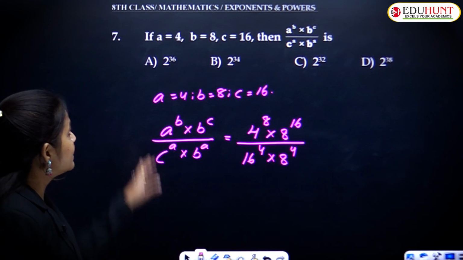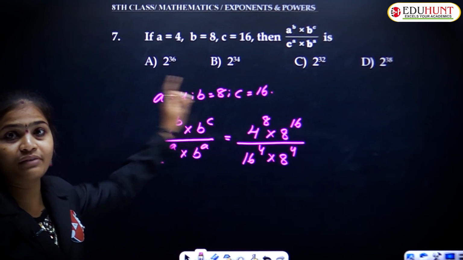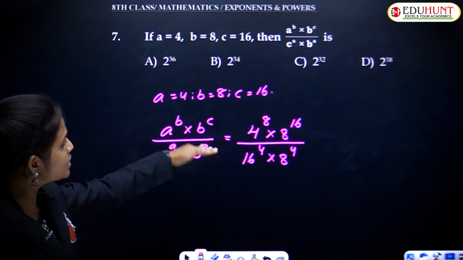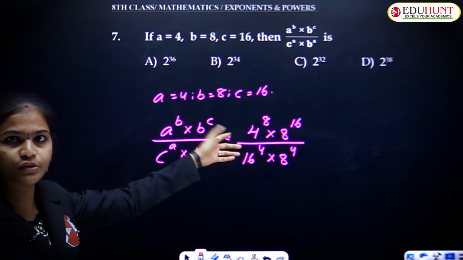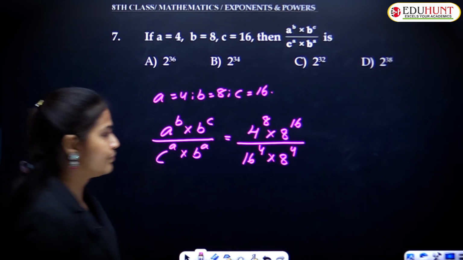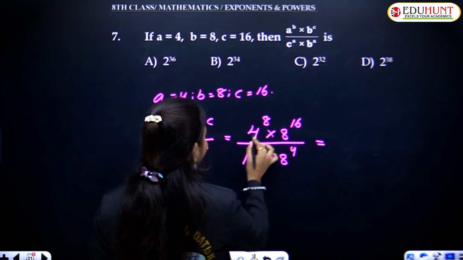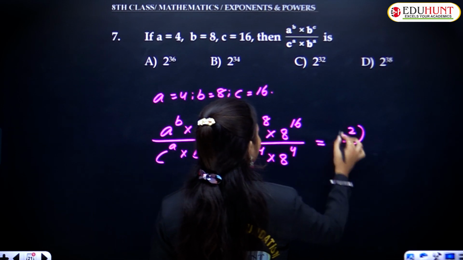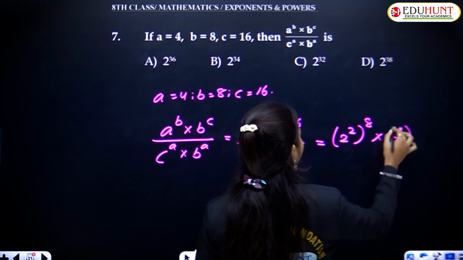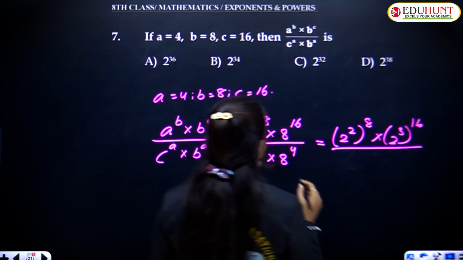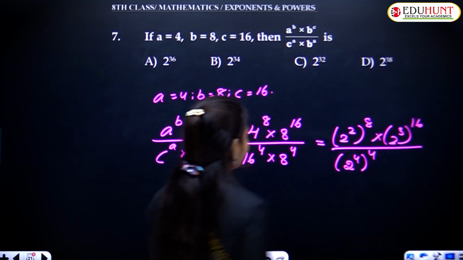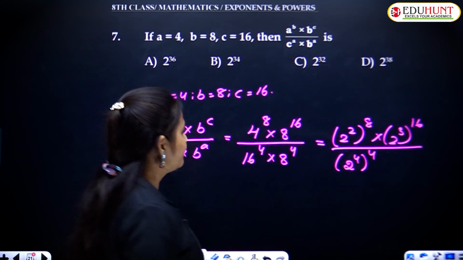After substitution, just observe that the given options are in the form of powers of 2. So is it possible to convert this into powers of 2? Directly transform into powers of 2. So we can write 4 as 2 square whole power 8, and 8 as 2 cube whole power 16, whole by 16, we can write it as 2 power 4 whole power 4. 16 is 2 power 4 only, no?